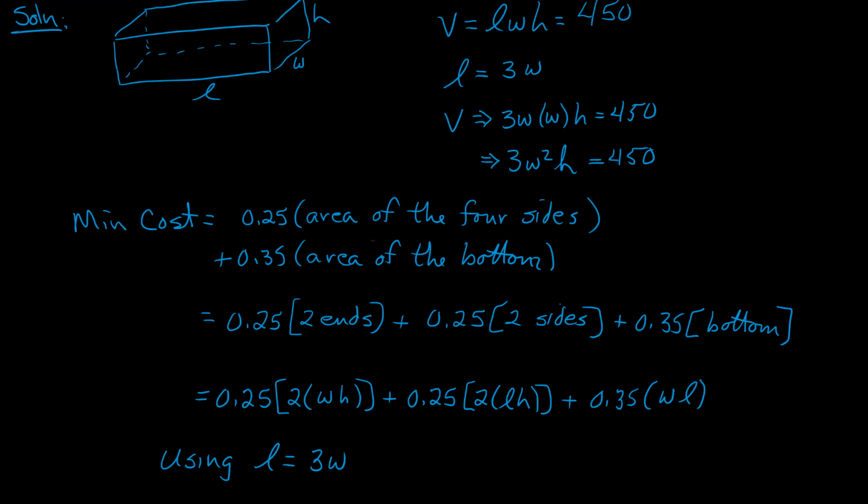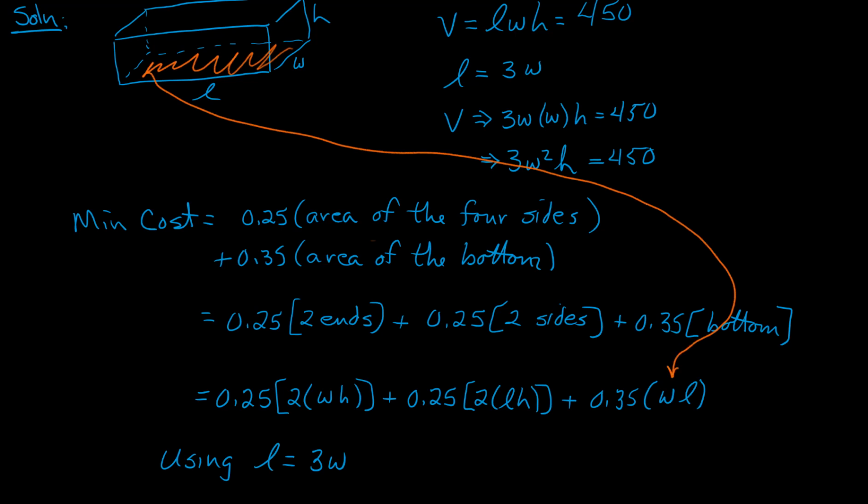So I'm going to do 2 times width times height times the cost of 25 cents. The 2 sides are going to be the length times the height, and there are 2 of those, at 25 cents a square foot. And then the base is going to be the length times the width times the 0.35.